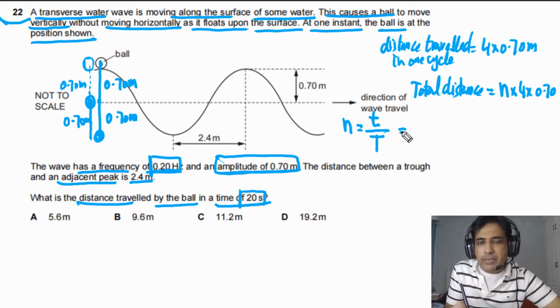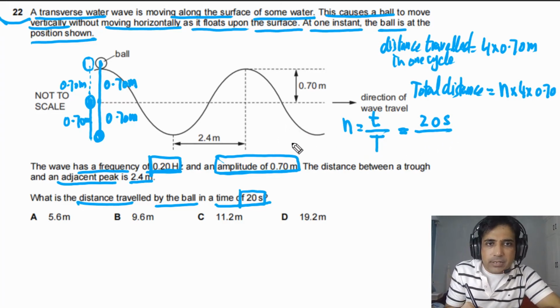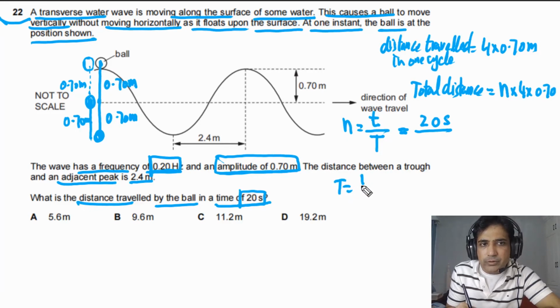The total time is given, equal to 20 seconds. Now we need to find the time period, which is equal to 1 over frequency, and the frequency is given as 0.20 Hertz.